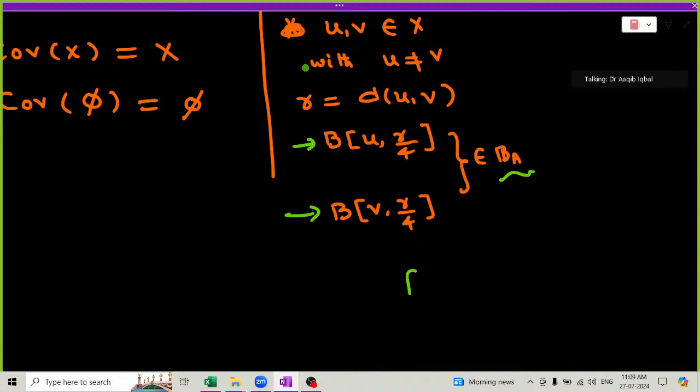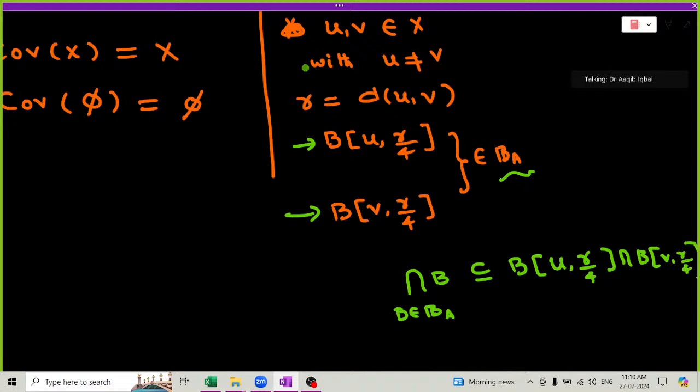So when you take intersection of all the balls in B sub A, चूंकि B sub A में ये दो balls भी आ रही हैं, so therefore this intersection will be contained in the intersection of these two balls, B U R by 4 intersected with B V R by 4.